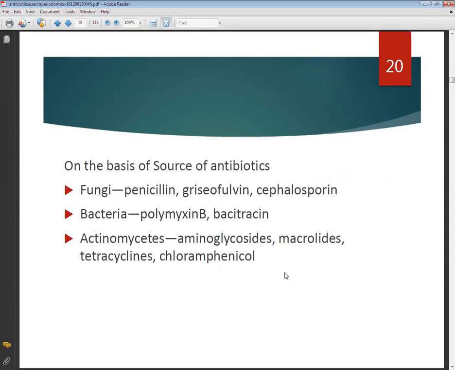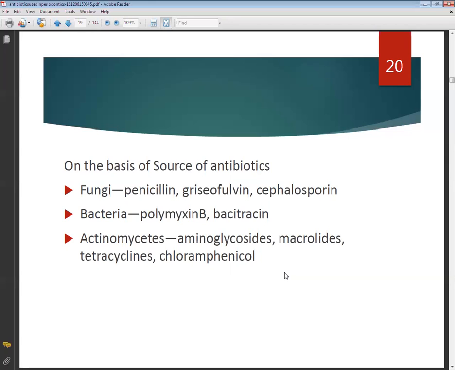Also, antibiotics are classified based on their source, whether they are derived from fungi, from bacteria, or from actinomycetes. Penicillin is mainly derived from fungi.